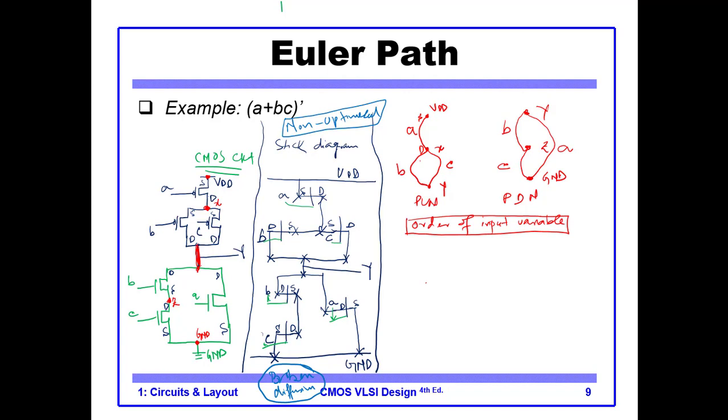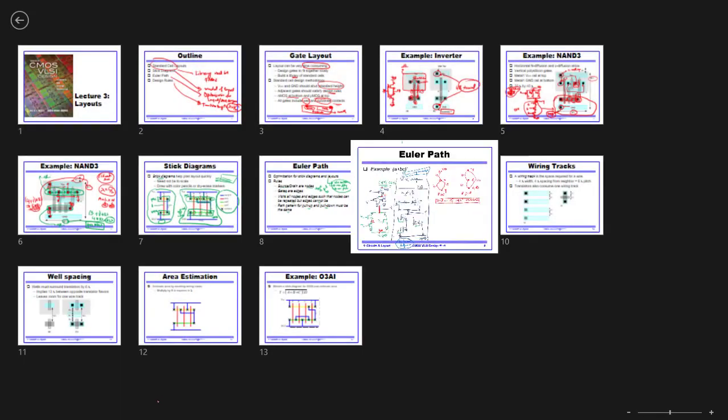So all we want is a single diffusion for n type and a single diffusion layer for p type. Okay, so let me change the color again.